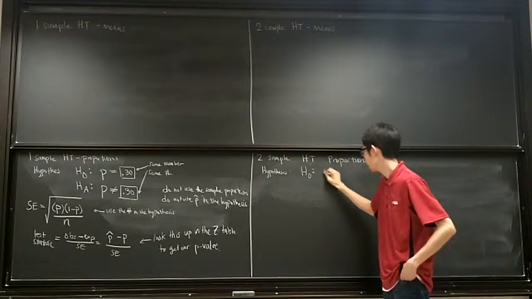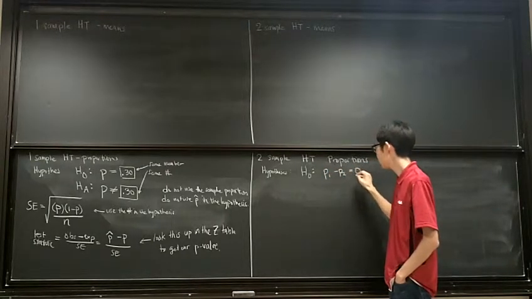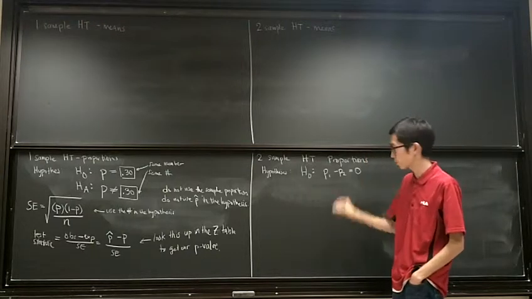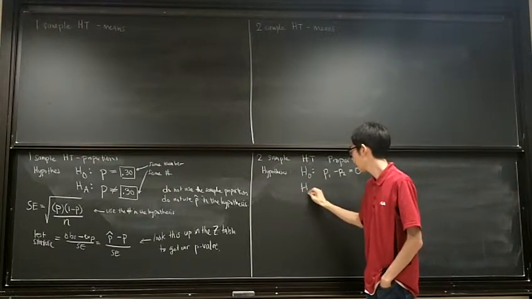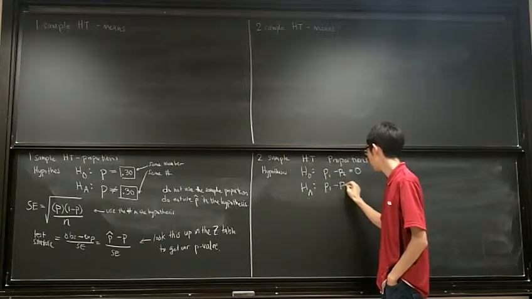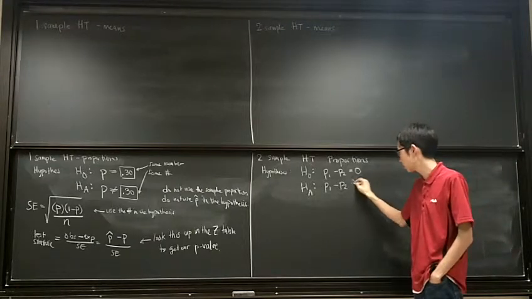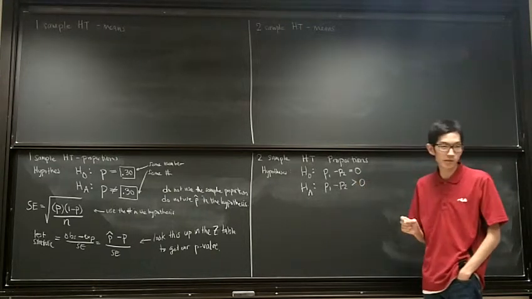Equal. Yeah. P1 minus P2 equals 0, or I could write P1 equals P2. And the alternative, P1 minus P2 is greater than, less than, not equal to, whatever you want, okay? So just for variety, I'm going to put in greater than 0.